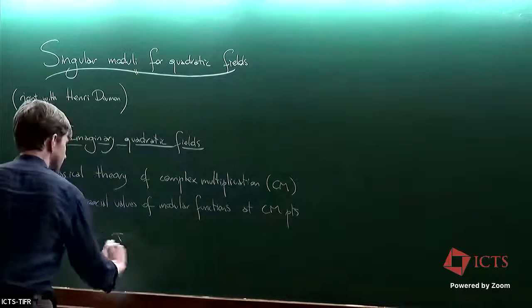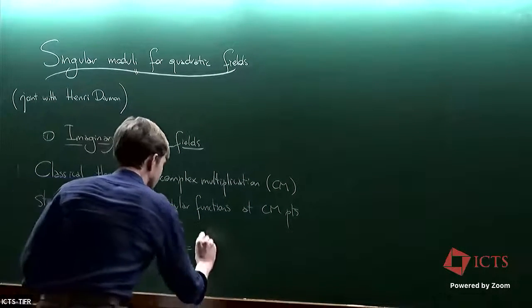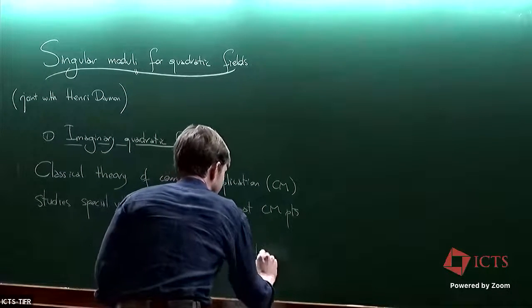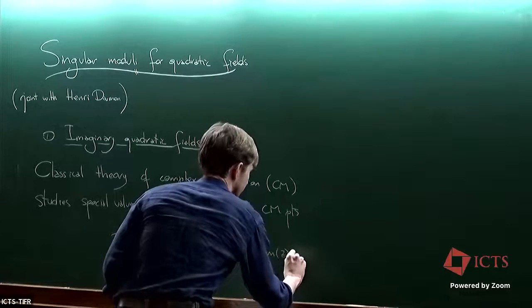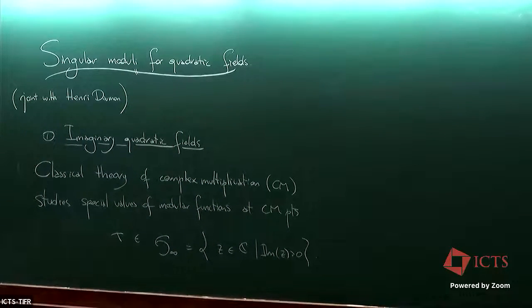The CM points, I'll denote by tau, they will be contained in the Poincare upper half plane. And a CM point is a point in the Poincare upper half plane that satisfies a quadratic equation with, let's say, integer coefficients.